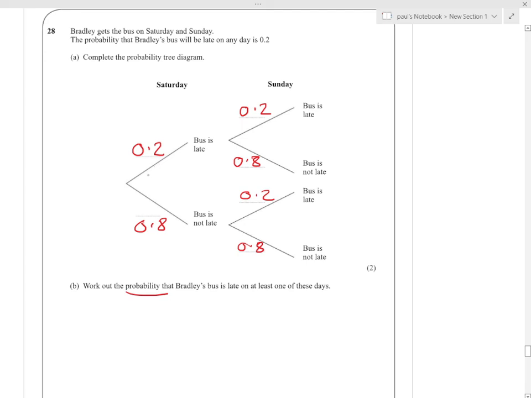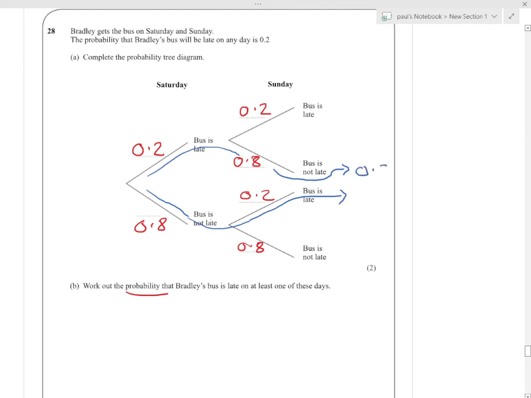So at least one of these days. We either go it's late on Saturday but not late on Sunday, or it's not late on Sunday but late on Saturday.